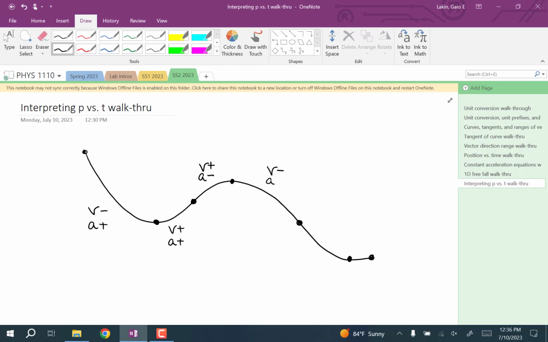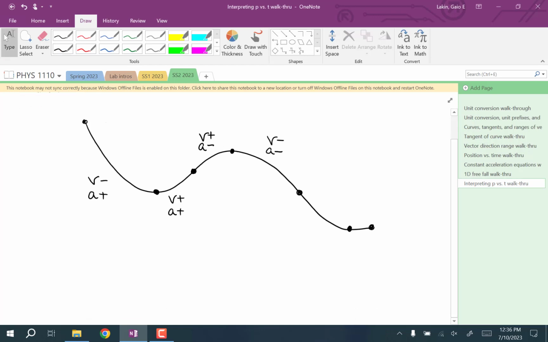It's concave down, so that's a negative acceleration. How about between these two? Pause the video for a second and see if you can identify the signs of those. The slopes of the tangents are negative. It's concave up, so the acceleration is positive.